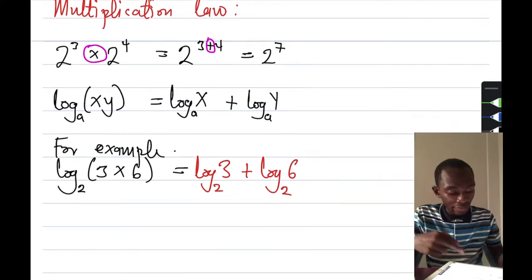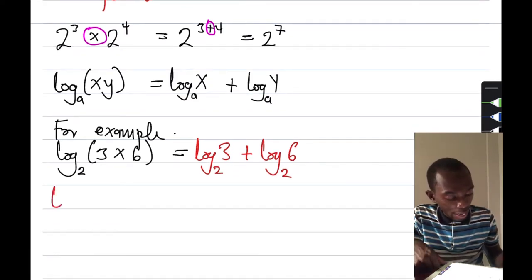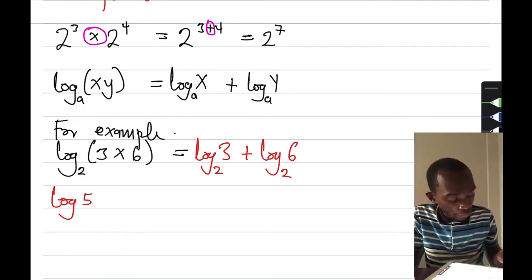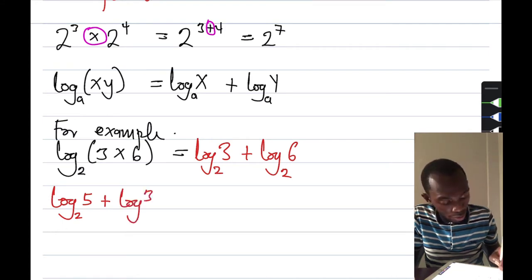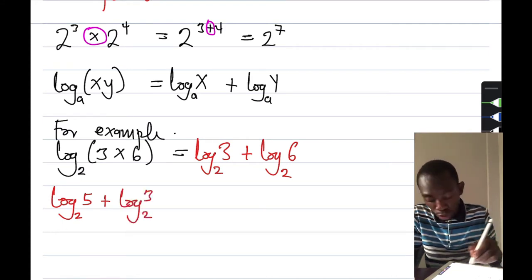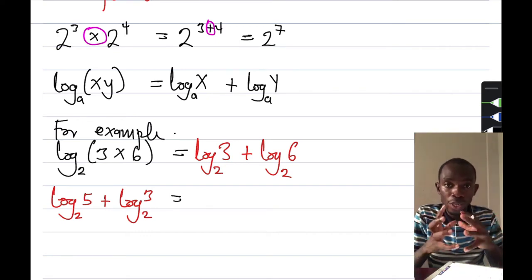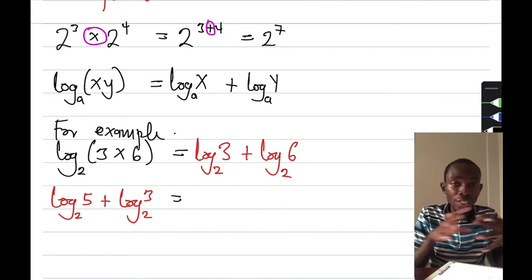But what if you are given something like log 5 base 2 plus log 3 base 2, and your job is to write this as a single logarithm? You want to put them together. Now you are going the opposite way.